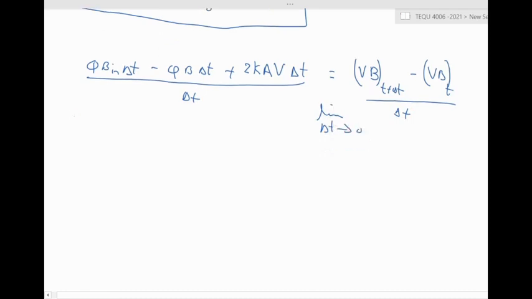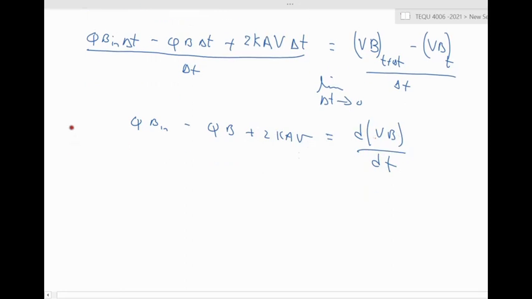That will provide a general expression: Q B in minus Q B plus 2Ka times volume equal d over dt of volume times the concentration of B within the reactor.